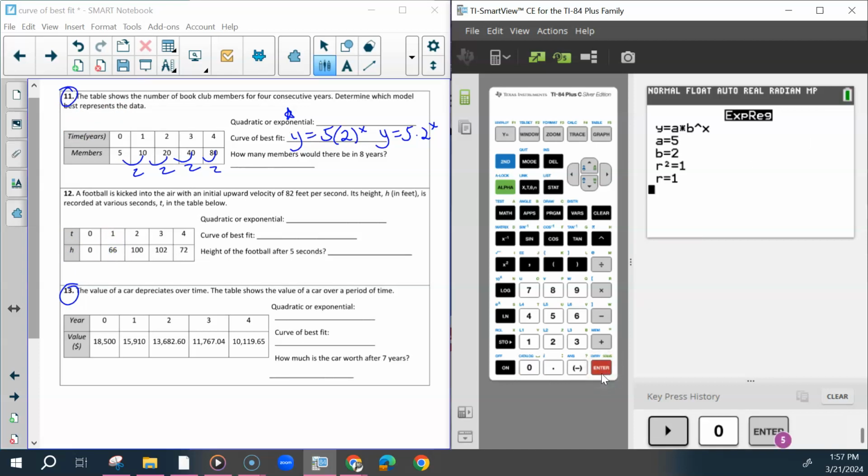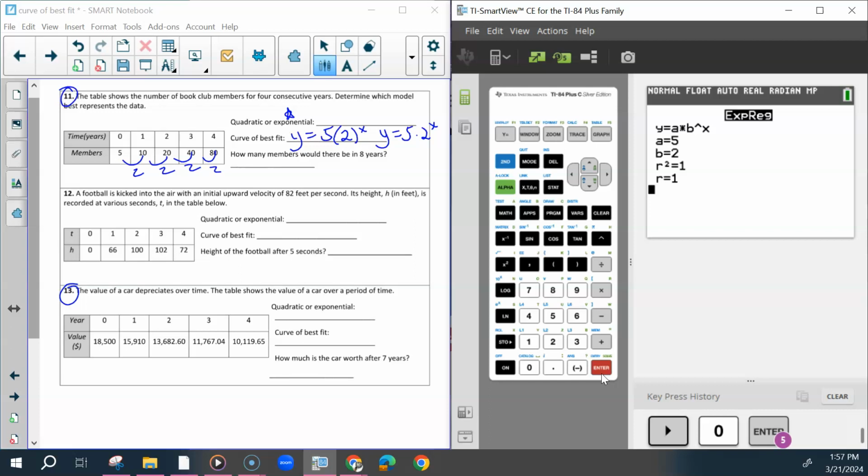So when I have my stat diagnostics on, I can look at the correlation coefficient. Remember that determines how well this line best fits this data. And it can go from -1 to 1 depending on the correlation, if it's strong, weak, positive, negative. But because this correlation coefficient, the R-squared value, is 1, I can say that this best fits this data.